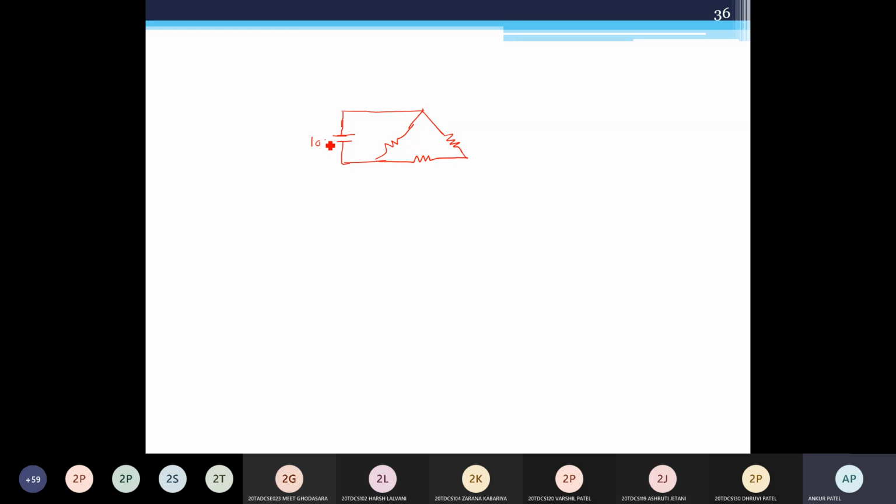So this is my 100 ohm, 55, and this is my 90 ohm. I am adding more connection.